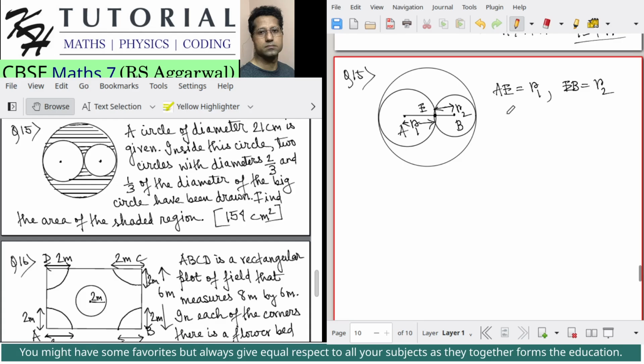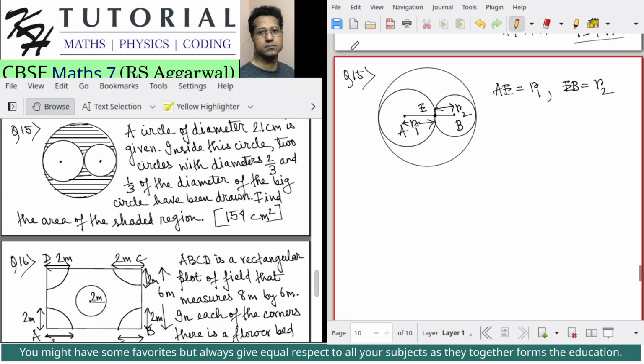So, what is given? The diameters of the two circles are given to be 2/3 and 1/3 of the diameter of the big circle. Find the area of the shaded region. The outside bigger circle has a diameter of 21 centimeter.